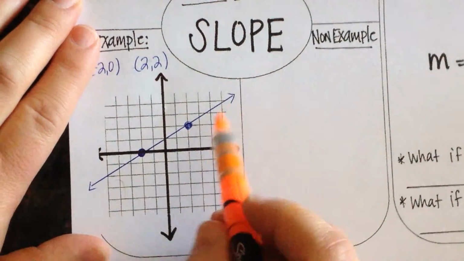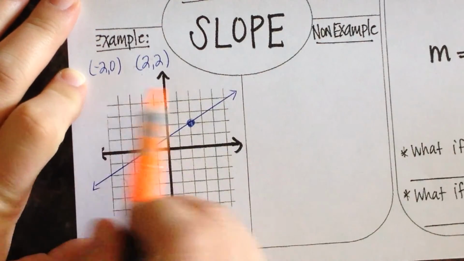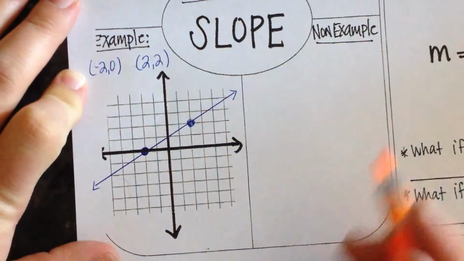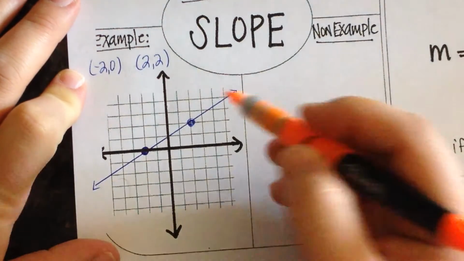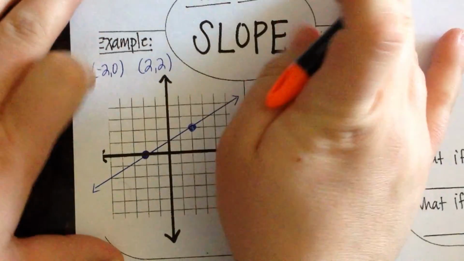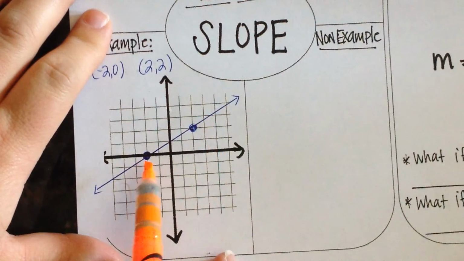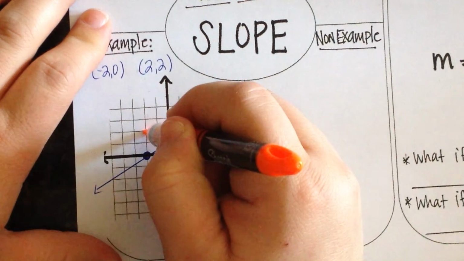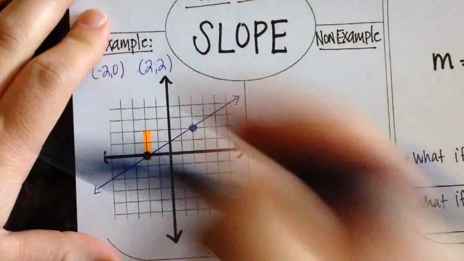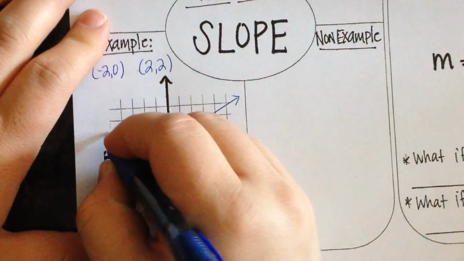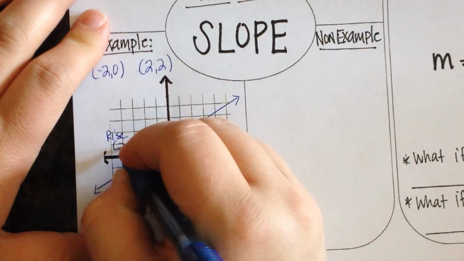So if I wanted to calculate the slope and I didn't know these 2 points, okay, we can use rise over run to kind of calculate and determine what the slope is. And so in this case, I can start at any one of these points. If I start here and I go my rise, I'm going in the +2 direction.